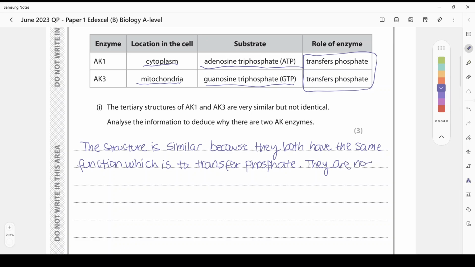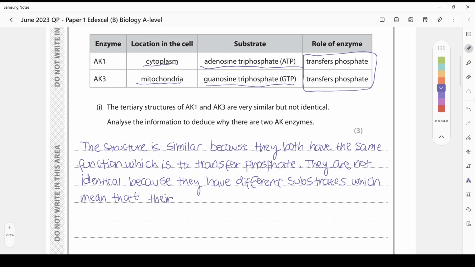They are not identical because they have different substrates, which means that their active site has a different shape.